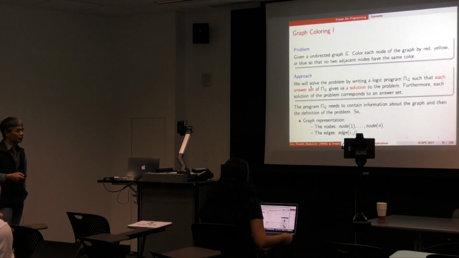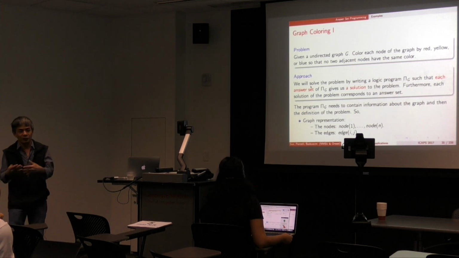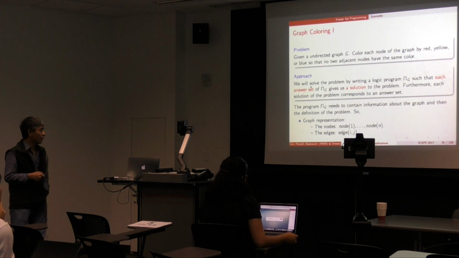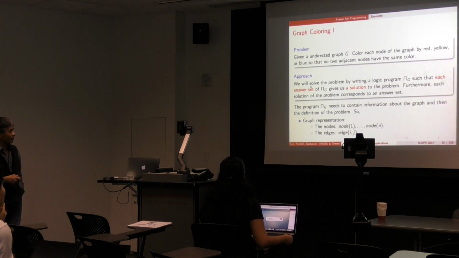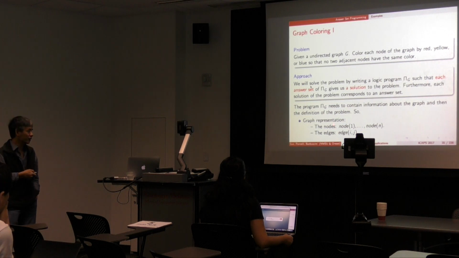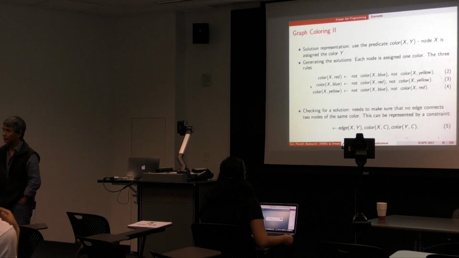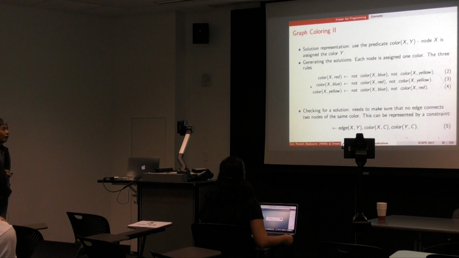I will show you how this problem can be solved using a logic program. Assume we have a graph G whose nodes are numbered from 1 to n, and there are edges between i and j, represented as facts of the program. We will represent the problem as a logic program.